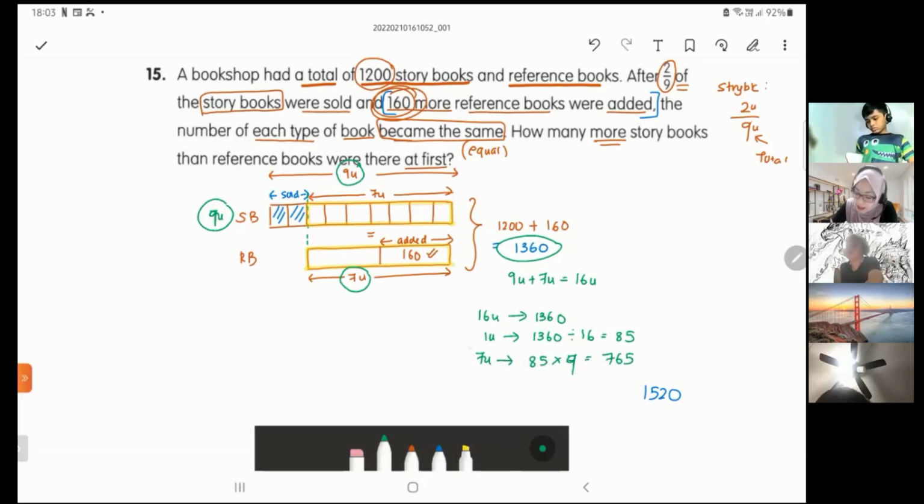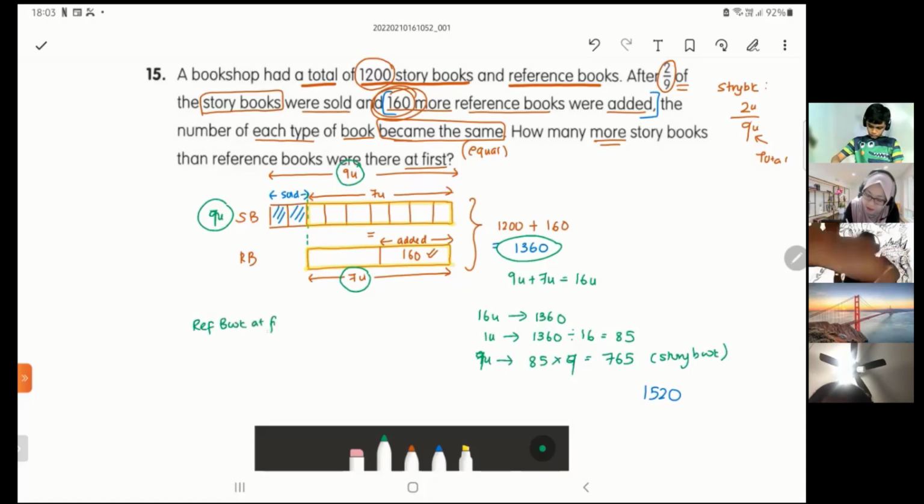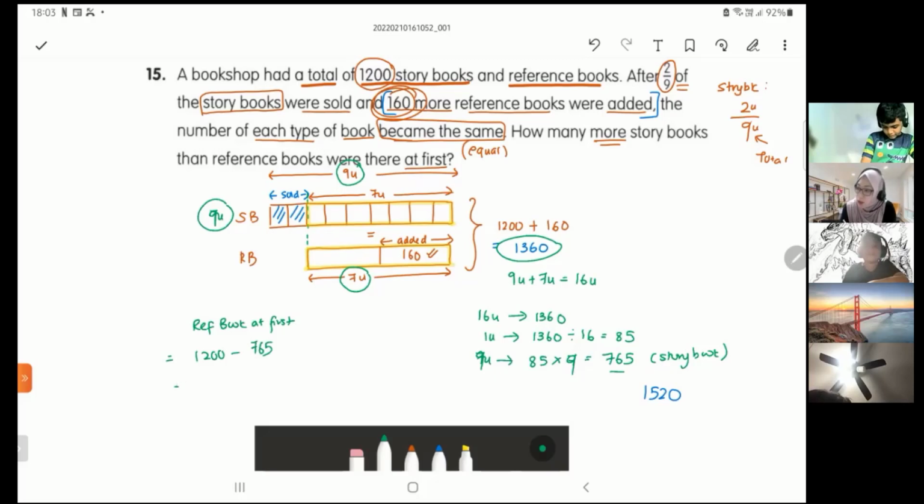So I have settled my storybook. Reference book haven't yet. So for the reference book at first, you take the total at first, 1,200, minus the storybook, and you get the reference book, equals 435.